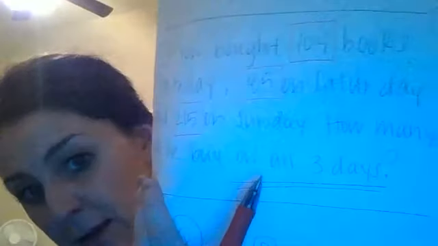Okay? If you bought 104 books on Friday, 85 on Saturday, and 215 on Sunday, how many did you buy on all 3 days? I need to find out how many I had in all 3 days.